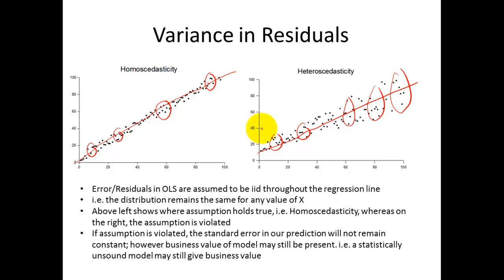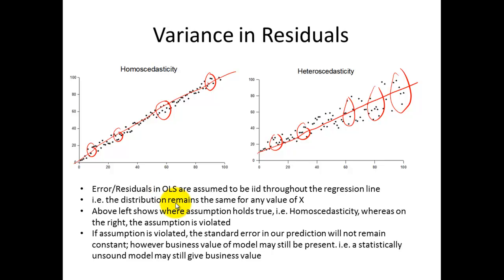While the mean of the error terms is 0 throughout, because positive and negative errors cancel out each other, the standard error of the residuals starts to rise based on the value of x or y, and that means they are not IID, and that's a violation of OLS. So OLS requires homoscedasticity in the residuals, and heteroskedasticity, as in this example, is a violation of the rules of ordinary least squares.